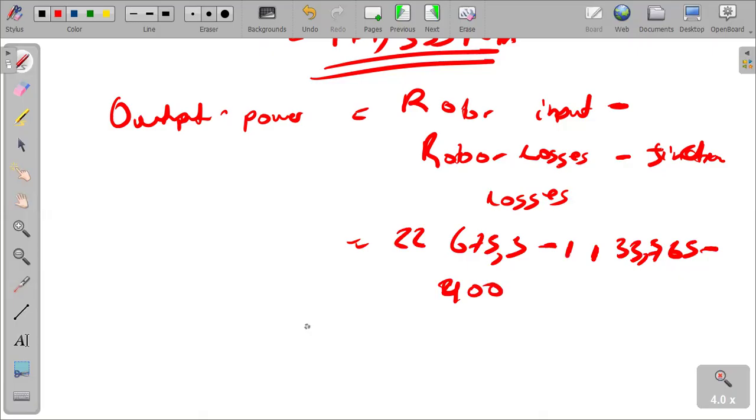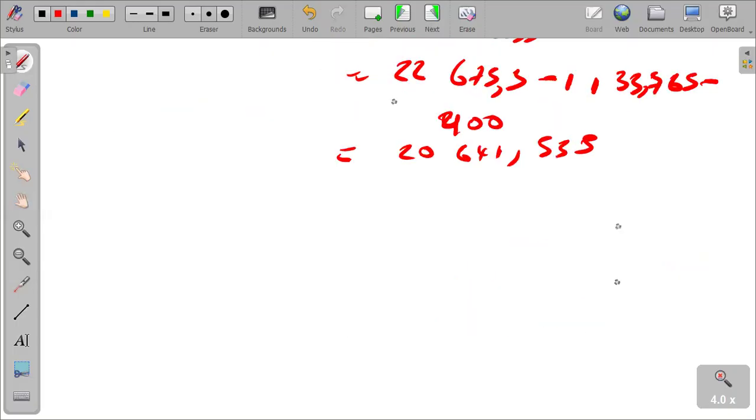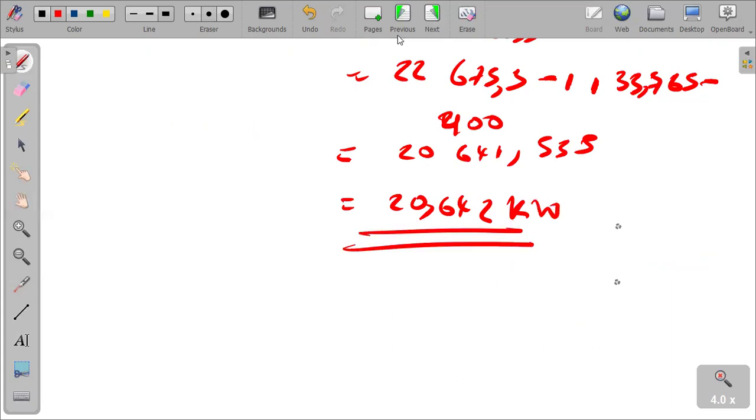Simplifying that gives us 20,641.535 watts. So in kilowatts, it's going to be 20.642 kilowatts. That marks our 5.2.2.